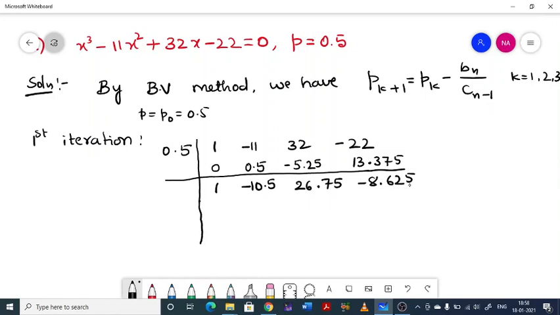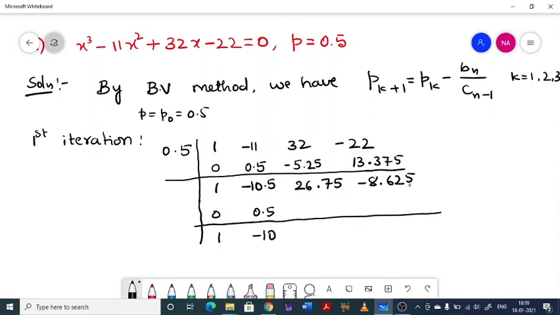You have to repeat this synthetic division again, so I write 0 here, and 1 will be carried as it is. 1 into 0.5 will get 0.5, so 0.5 minus 10.5, adding these two we get minus 10.